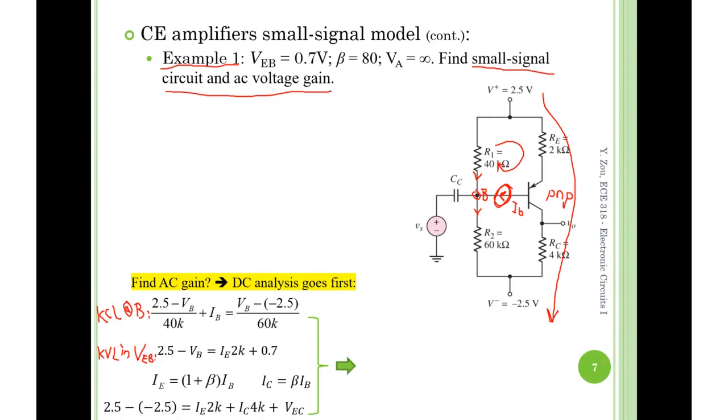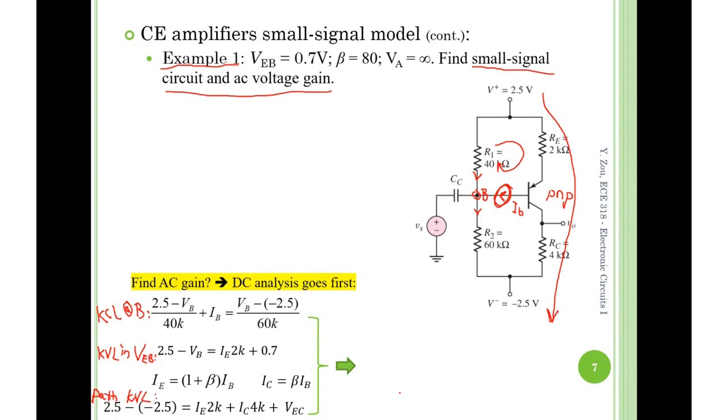And the bottom one, as Shane just mentioned, this is path KVL, from top to bottom. Now we definitely have enough equations.